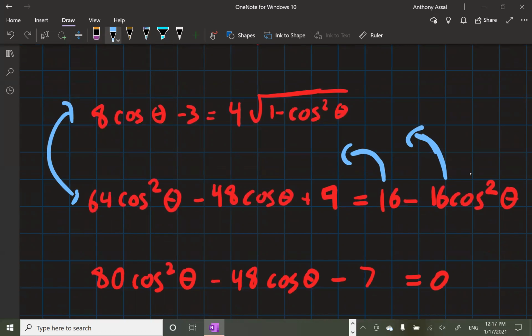Once we have it in this form, we can take advantage of the quadratic formula. So my b is negative 48, a is 80, c is minus 7.